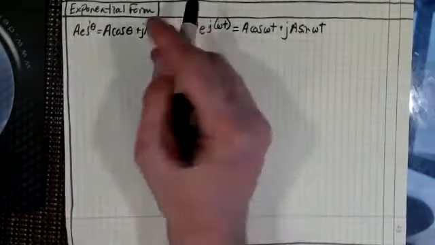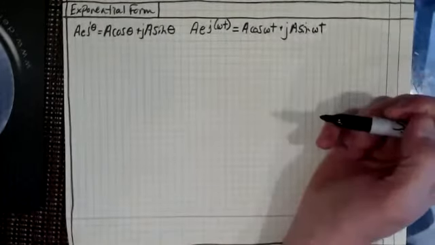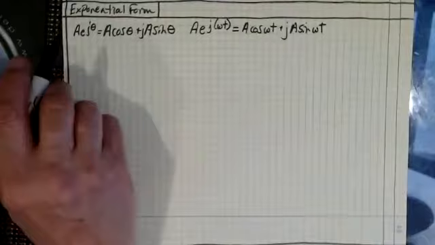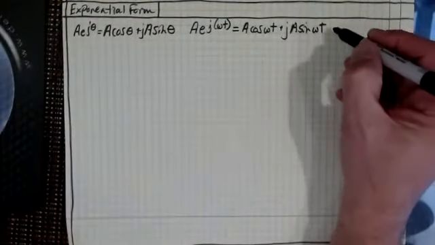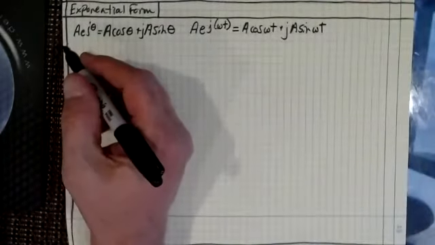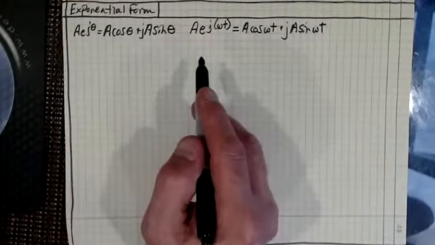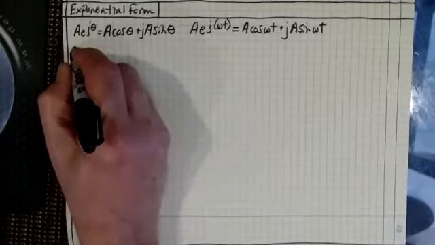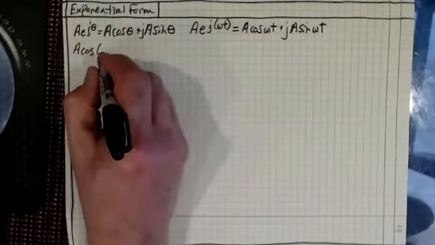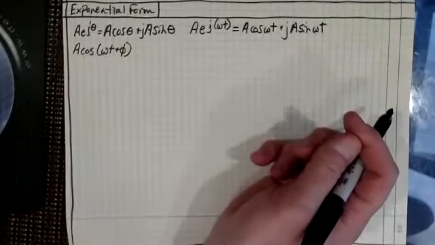What if I had, well, I think you can see where I'm going with this. Anyway, now what I want to do is break this up, because let's say that I had A times the cosine of omega t plus phi, right?